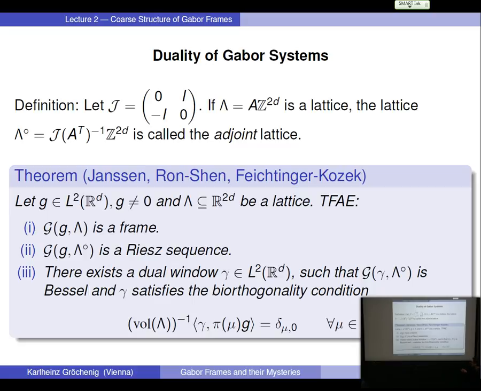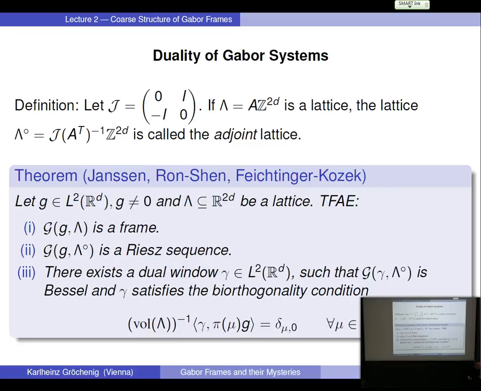There exists a dual window gamma in L2 such that the corresponding Gabor system satisfies the upper frame bound. That's a technical condition to make sure that certain sums converge and certain operations are well defined. I didn't go into that. And the main condition, the biorthogonality condition, is that gamma is orthogonal to all non-trivial time frequency shifts of g with respect to the adjoint lattice, and the normalization factor is important.